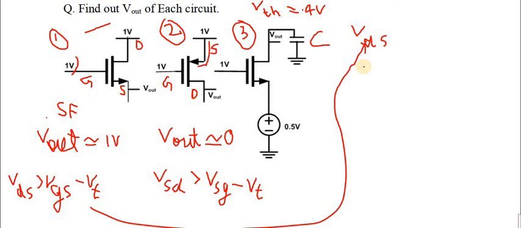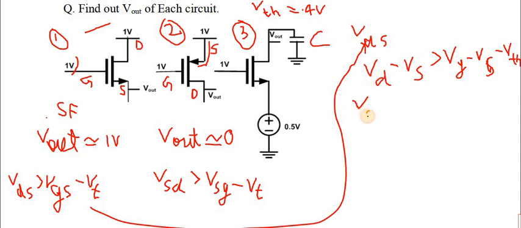So V out is nothing but the VD. And you can write VD minus VS should be greater than VG minus VS minus VTH. Okay, VDS should be greater than VGS minus VTH. Now I want to calculate the VD.